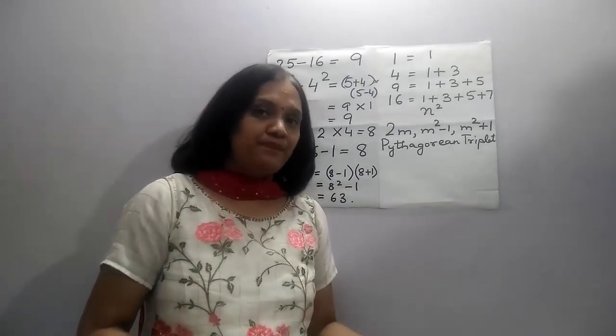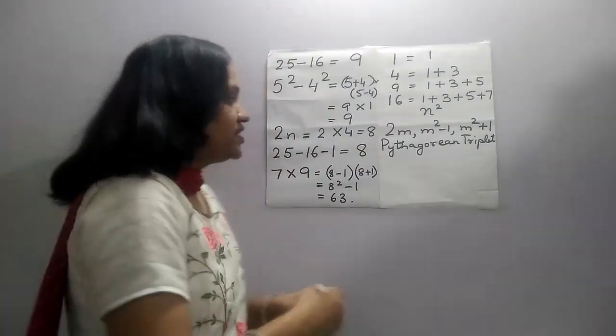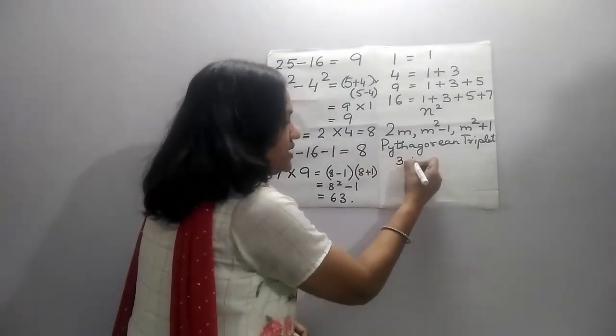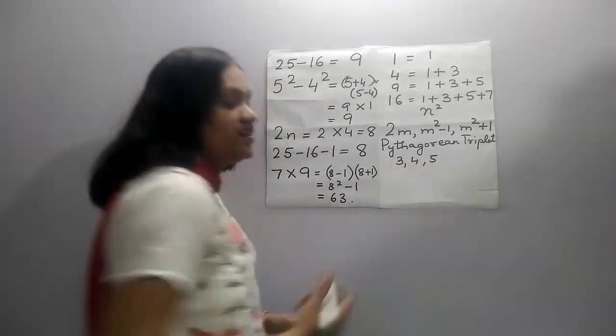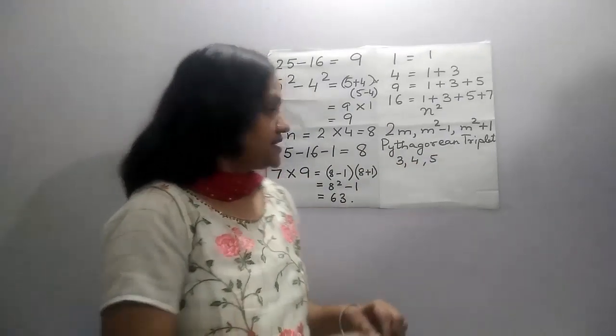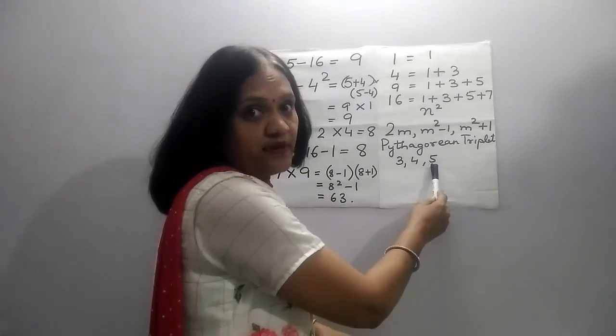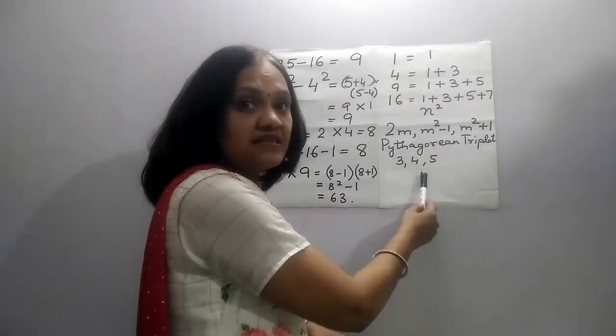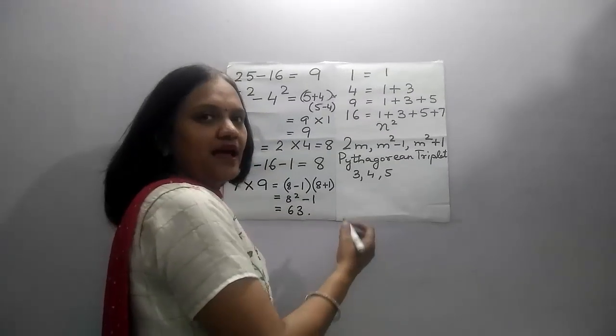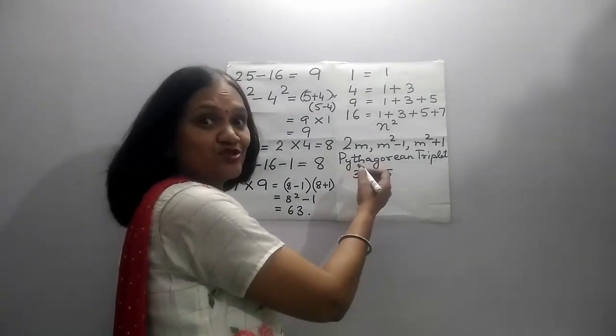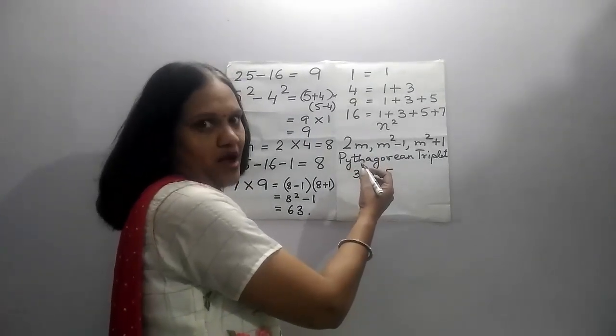So what happens when we have numbers like 3, 4 and 5 as a Pythagorean triplet? 5 square is equal to 3 square plus 4 square. m has to be a natural number greater than 1.